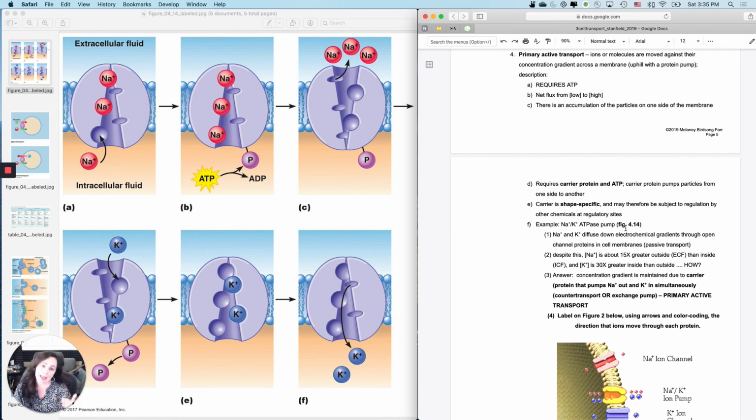But somehow, despite that, we manage to maintain the concentration gradient for sodium at about 15 sodiums outside for every 1 inside, despite the fact that they constantly want to diffuse down their concentration gradients. And we manage to maintain the potassium concentration gradient at about 30 potassiums inside for every 1 outside. So how does that occur? How do I manage to maintain these concentration gradients despite the fact that they're constantly trying to diffuse?